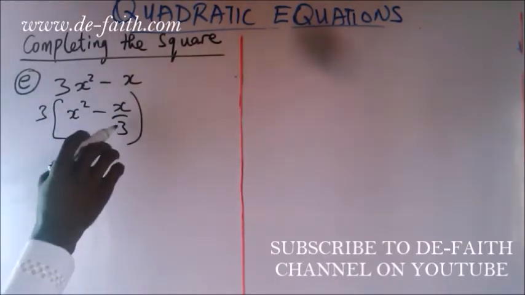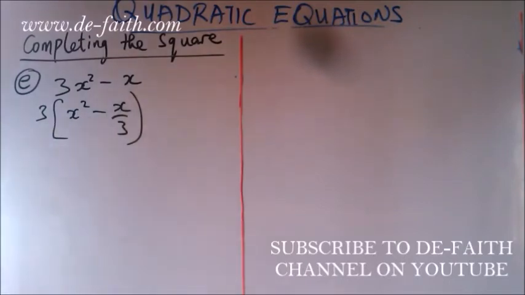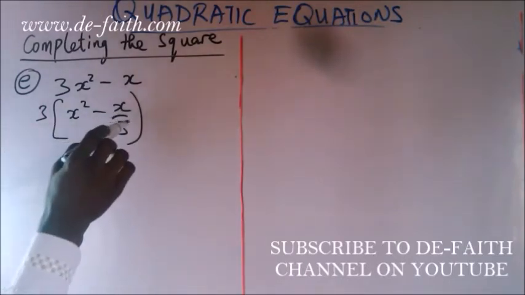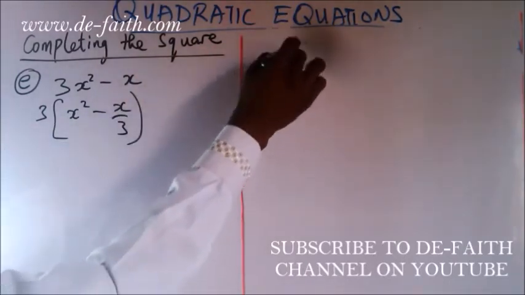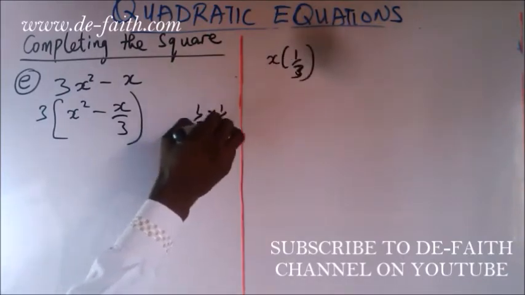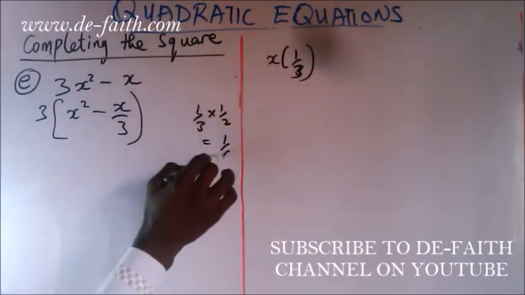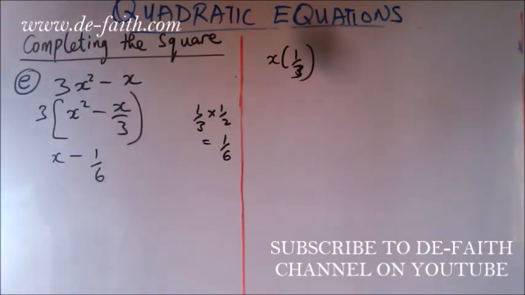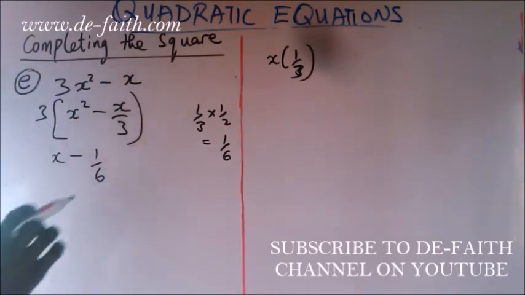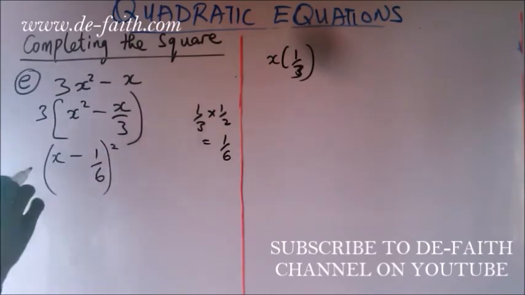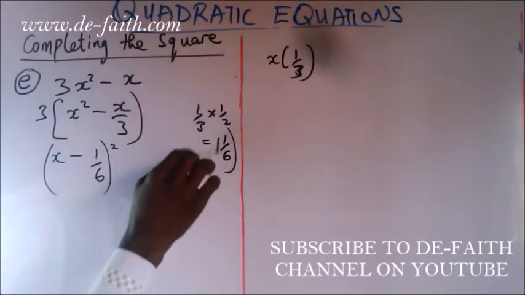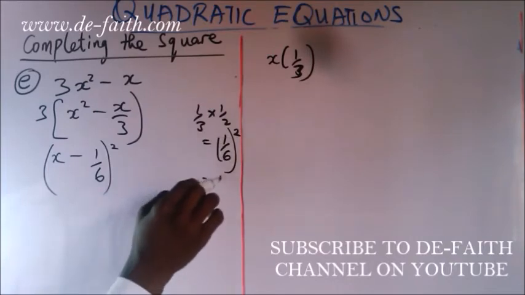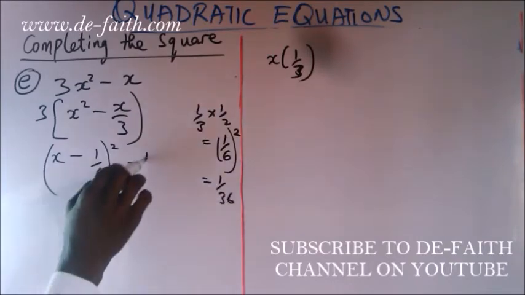And so we'll now look at this x over 3. X over 3 is the same thing as saying x into bracket 1 over 3. We have 1 over 3, then half of 1 over 3. That gives us 1 over 3 times 2, which is 6. We have (x minus 1 over 6). Don't forget, it is this minus that we have here. You'll have this in your square. Then you look for the square of this. That's 1 over 36. So we have minus 1 over 36.